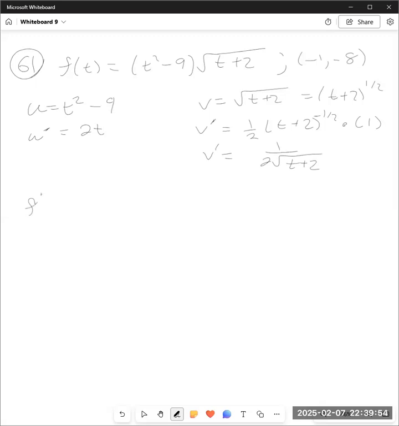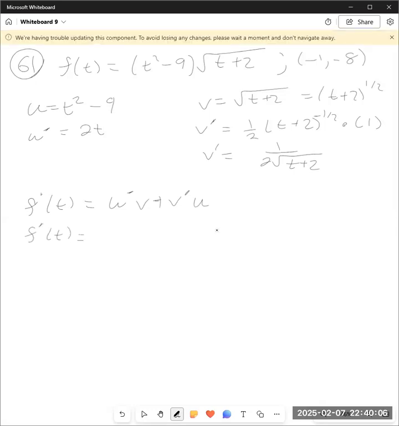F prime of t is equal to u prime v plus v prime u. F prime of t is equal to 2t times t plus 2 to the 1/2 power.